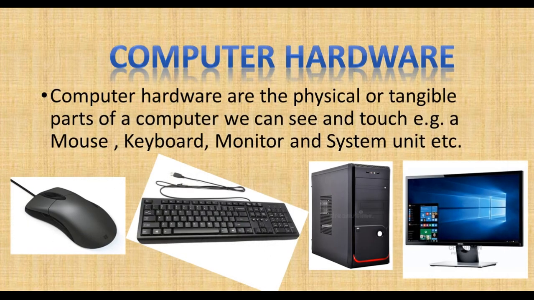Computer hardware are the physical or tangible parts of a computer we can see and touch. For example, we have a mouse, a keyboard, a system unit, and we also have a monitor. So those are some of the examples of computer hardware.